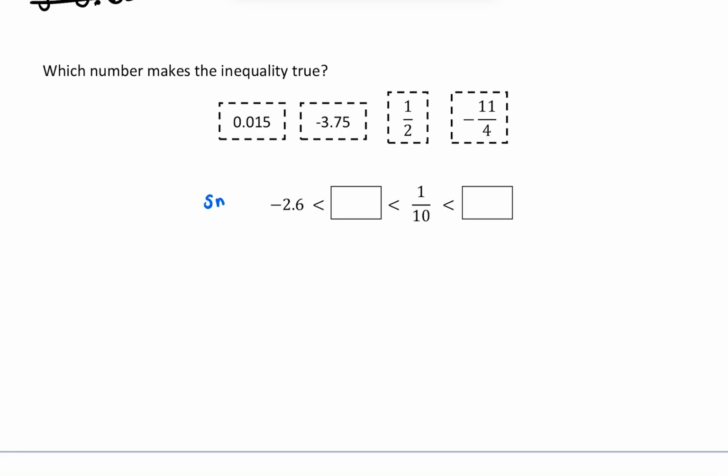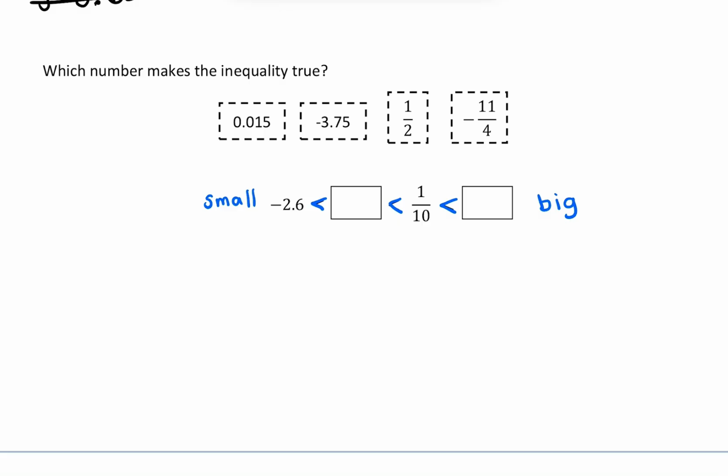So this is the small side because the alligators are eating the bigger numbers. So that means this is the bigger side. So this number has to be bigger than negative 2.6. This number has to be bigger than this. This number has to be bigger than 1 over 10.